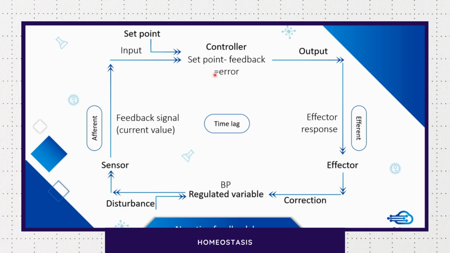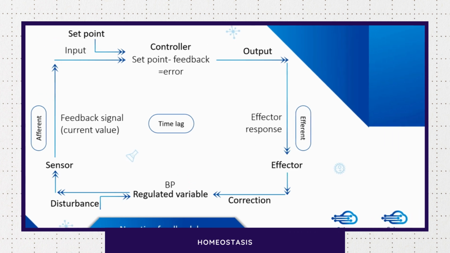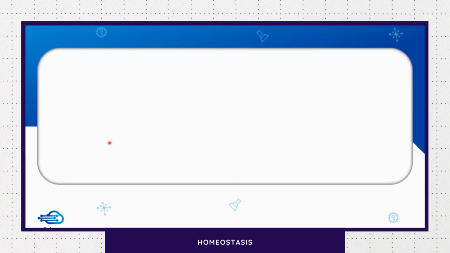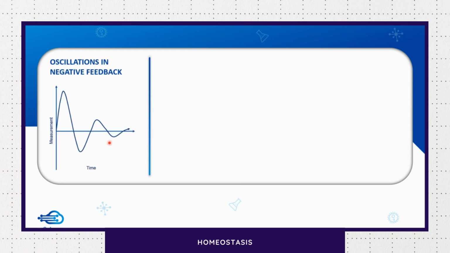So, this loop is taking some time to act while the disturbance may be continuously present. Okay. So, this time lag is important because it defines the negative feedback loop in certain terms. Why? Because of this time lag, this system has oscillations.